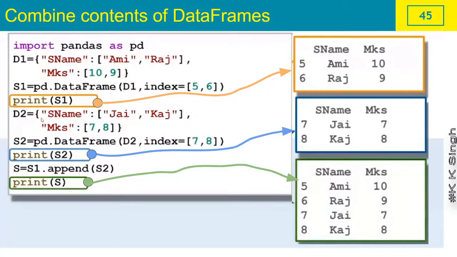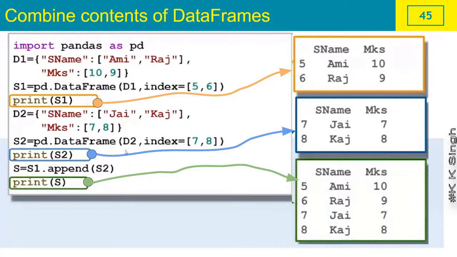So here D2 is the next data frame, which has S name with J and Kaj and MKS with corresponding values of 7 and 8, and the indexes are 7 and 8. So here see, the first data frame has indexes 5 and 6, and the next data frame has indexes 7 and 8.